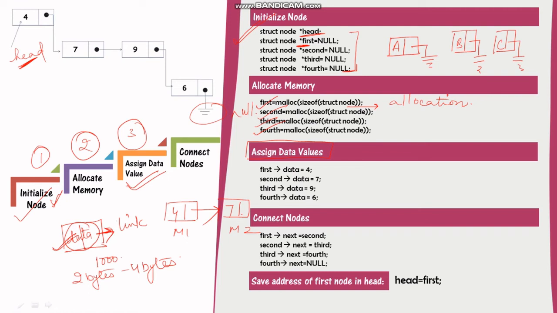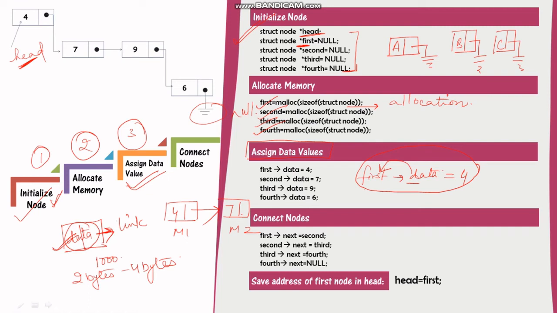You can see here that I have put up an arrow. So here, first arrow data means that the data part of the first node is having the value 4. So we have assigned the value 4 to the data of the first node.